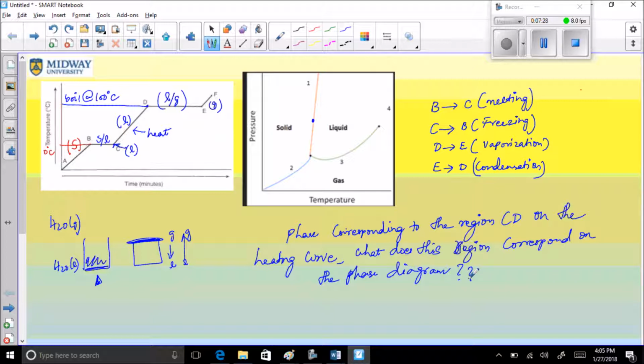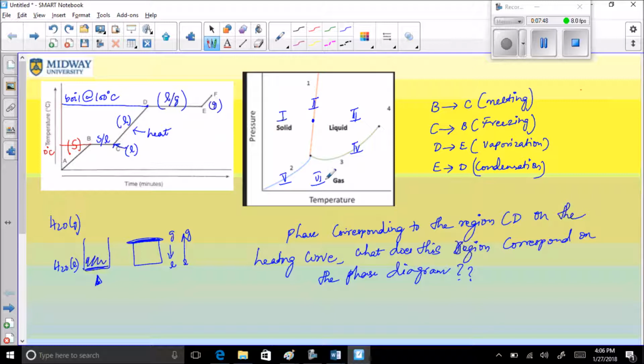We know between C and D only liquid happens, right? So if I call this, say, 1, this is 2 on the line, say this is 3, this is 4 on the line, this is 5, and say this is 6.